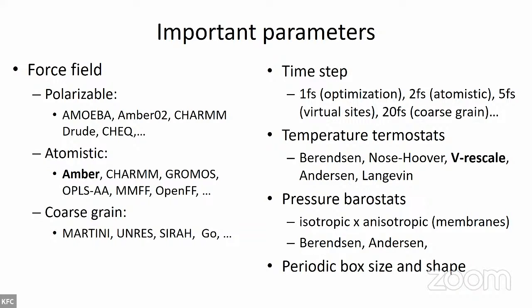So it's necessary to use its new version, which is called V-rescale, where you add some stuff in order to reach the canonical ensemble again. And for pressure barostats, usually we use the Berendsen and so on.